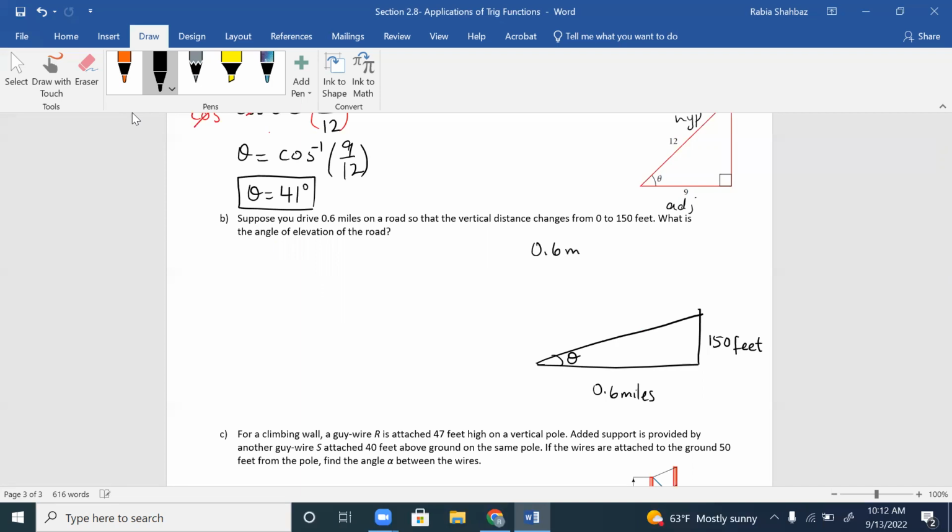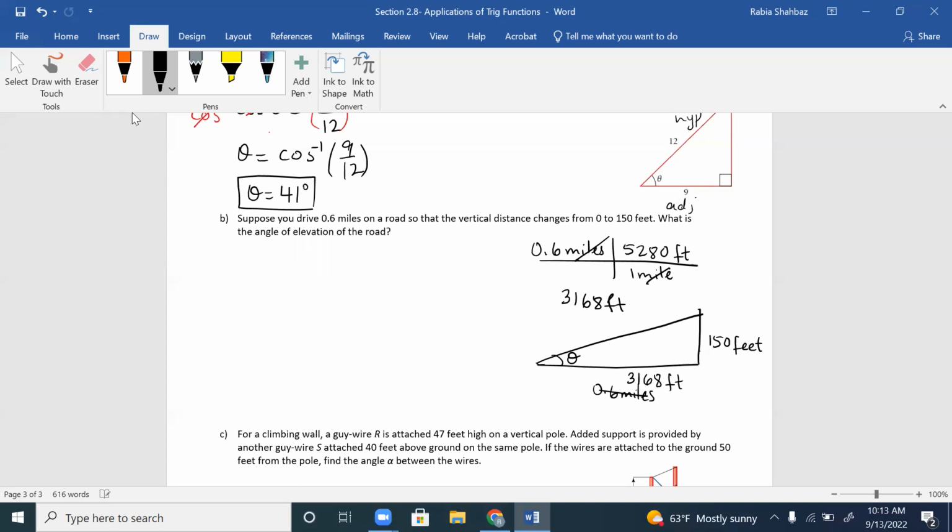I'm going to just convert miles into feet. I know that 1 mile has 5,280 feet. So just multiply 0.6 by 5,280. I got 3,168 feet. So this, in fact, is 3,168 feet.